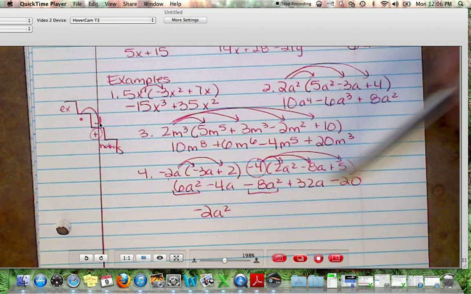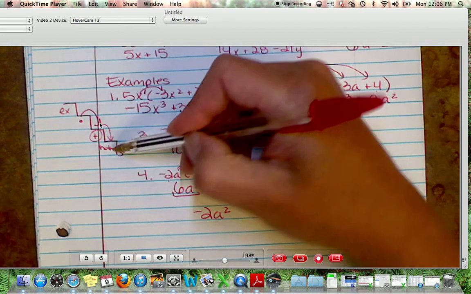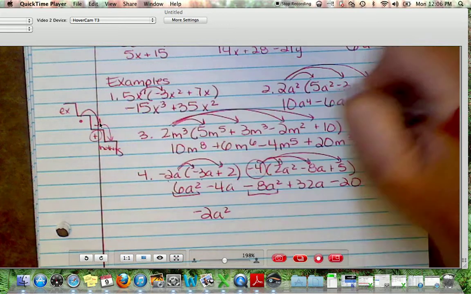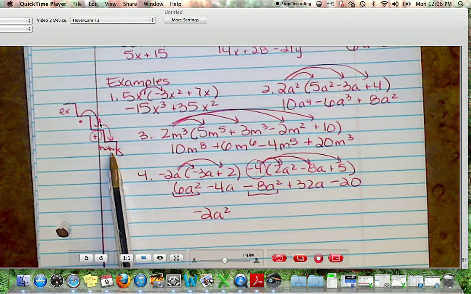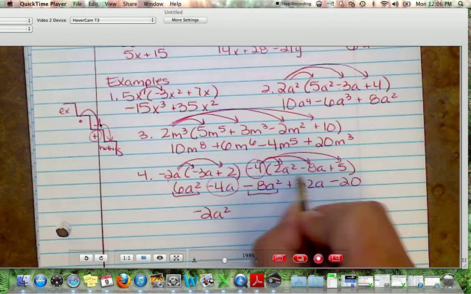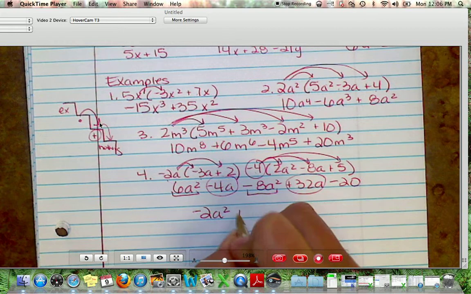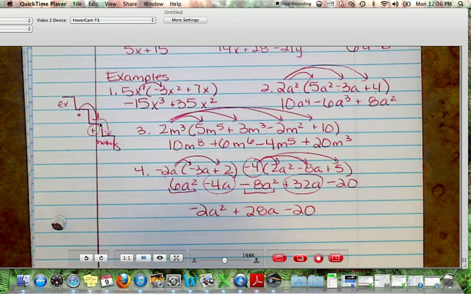Now it's really an addition-subtraction problem, which tells us we do nothing to the exponents. We're moving down the stair step. So it was a squared minus a squared. We're going to do nothing to the exponent, so it's still an a squared. Negative 4a plus 32a will give us positive 28a, and then the negative 20 comes down.